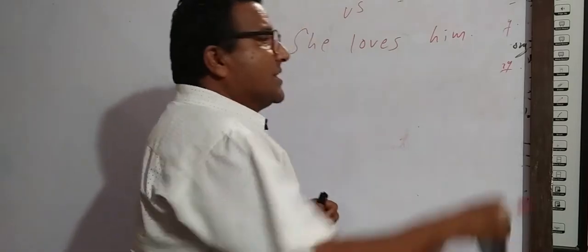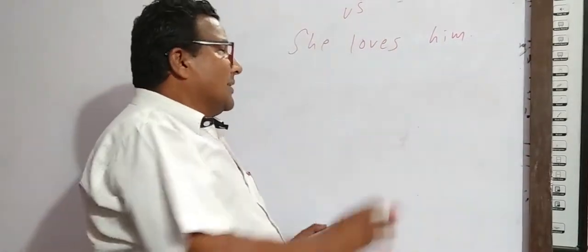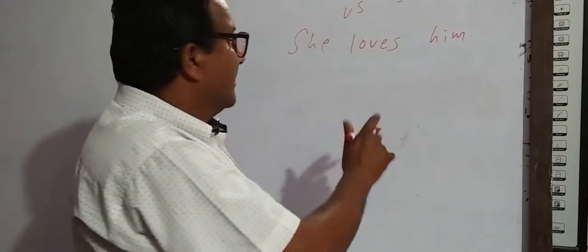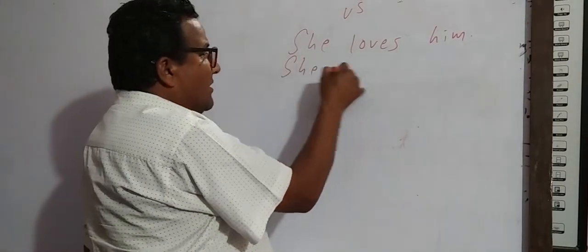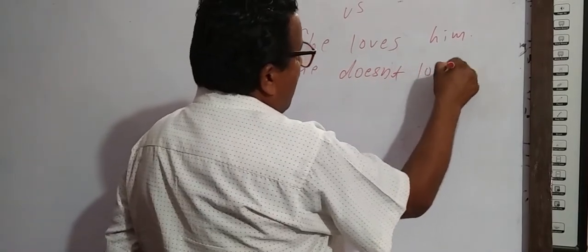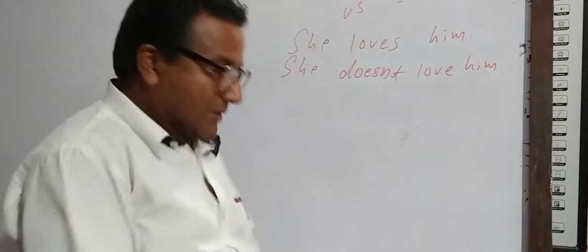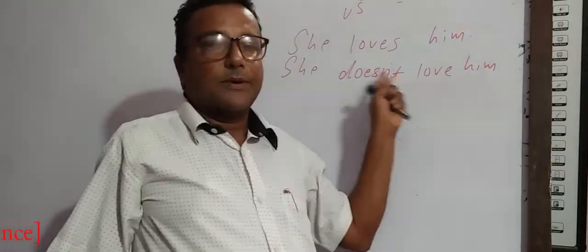The sentence is: she loves him. Then there is V5. So she doesn't love him, because there is no auxiliary verb.